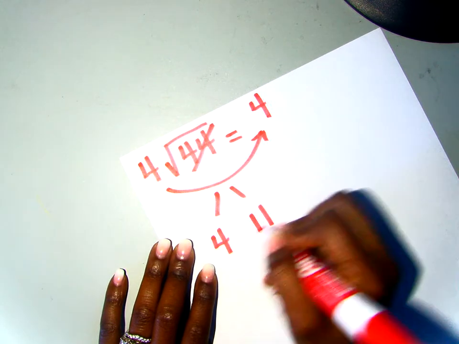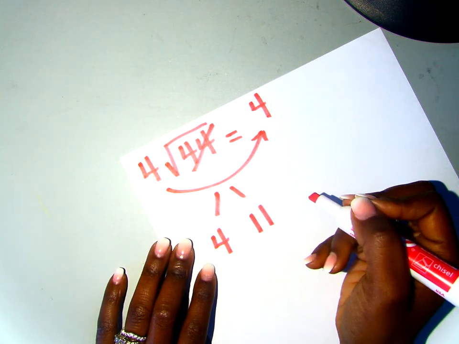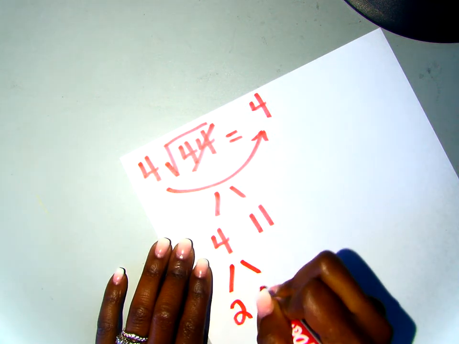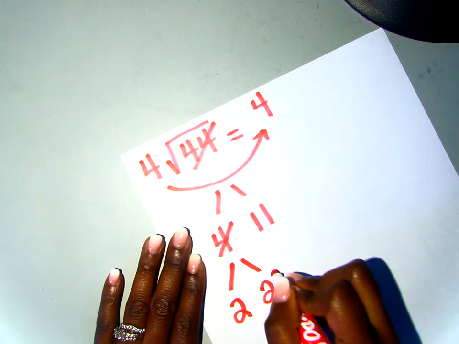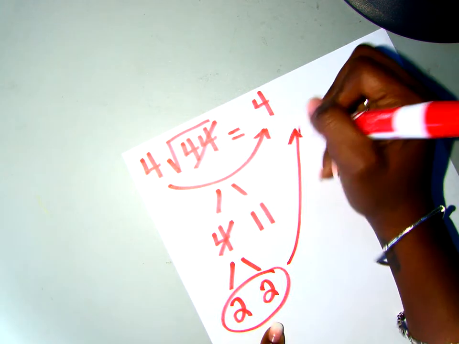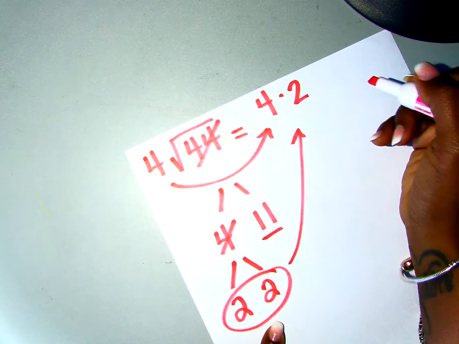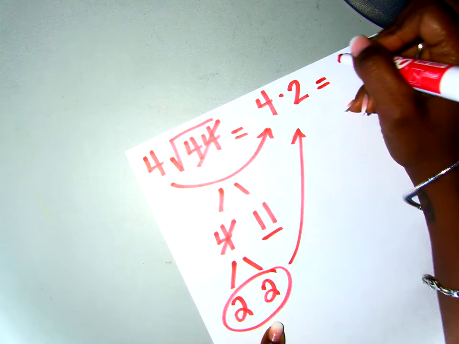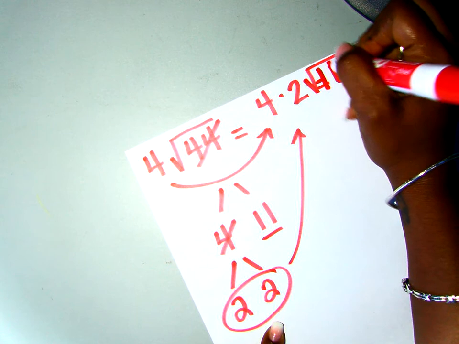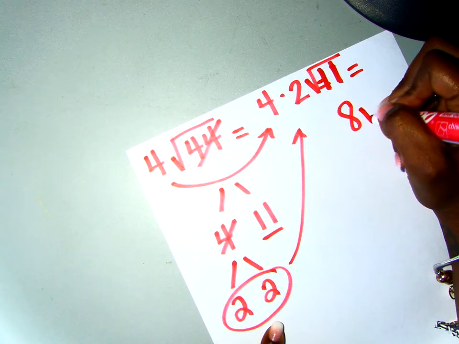We can't break 11 down because that's a prime number. 1 times 11 is the only factors. Alright, but we can break 4 down into 2 and 2. Circle your pair. So we're going to bring that pair up here and put it outside with the 4. But we have an 11 left. And that goes up under the radical. So my answer is 8 square root of 11.